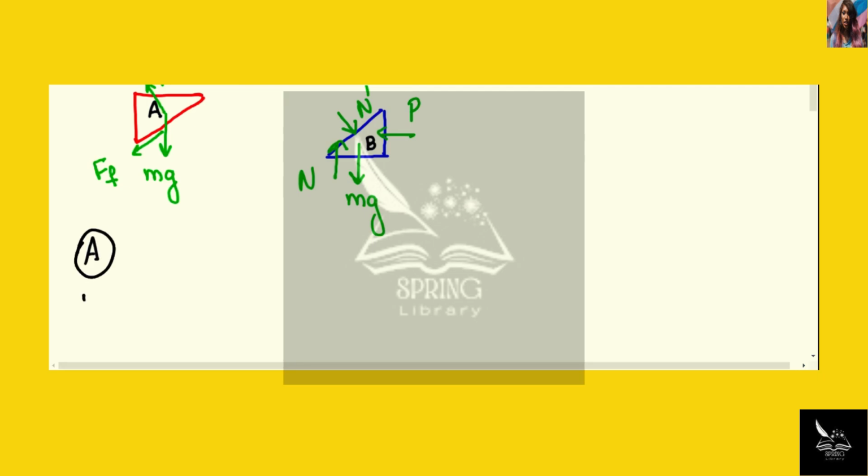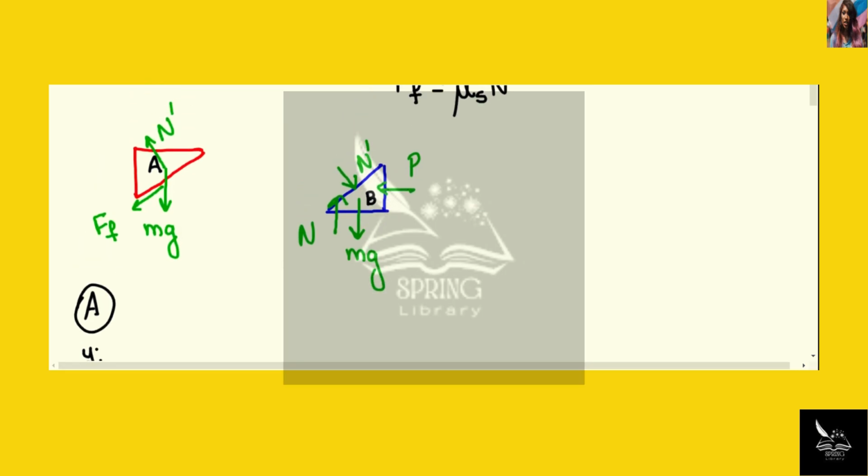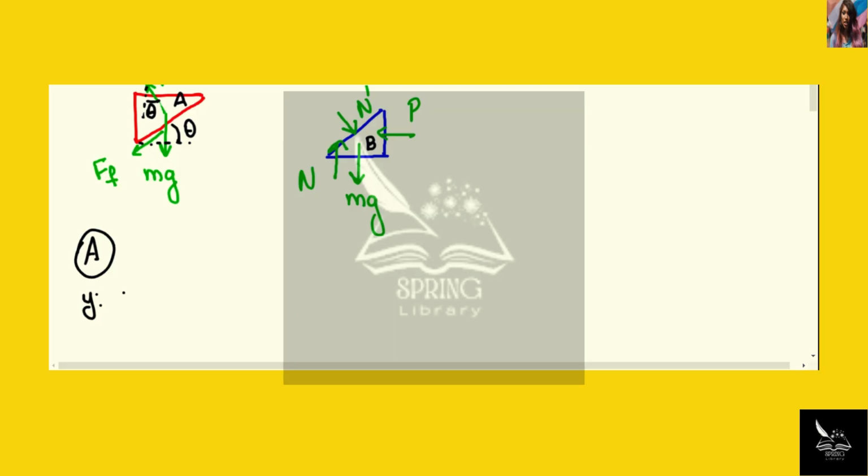First, for block A, in the y direction. Remember that this angle here is theta, which means that this angle here is also theta. I'm going to choose a coordinate system such that the y-axis points upwards and the x-axis points to the left.